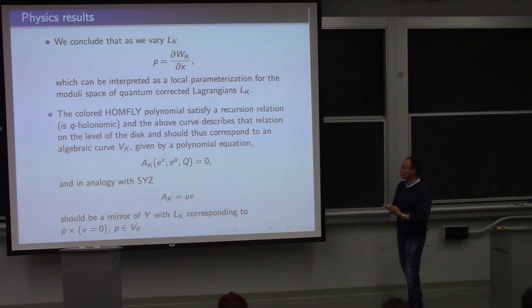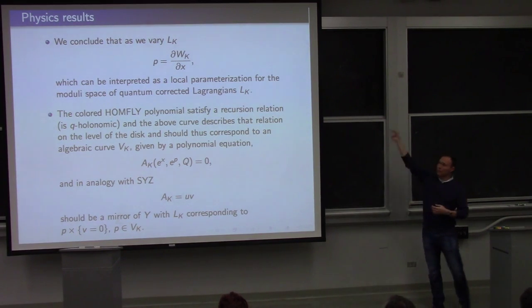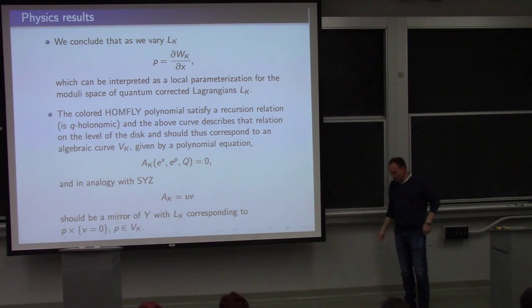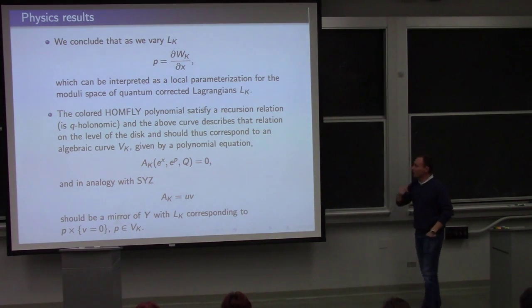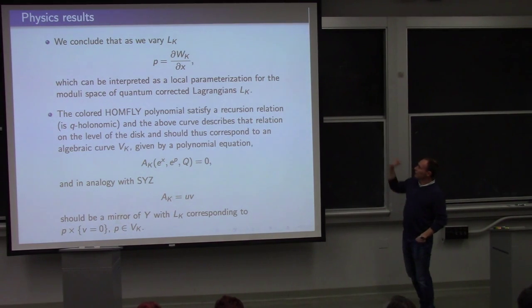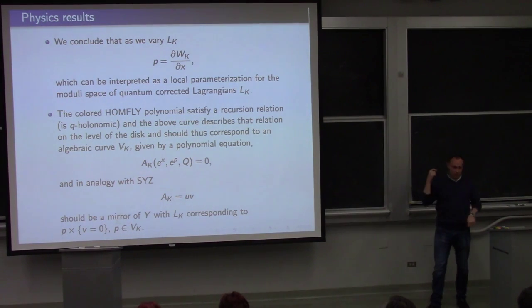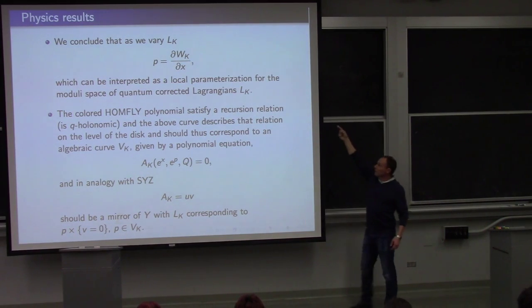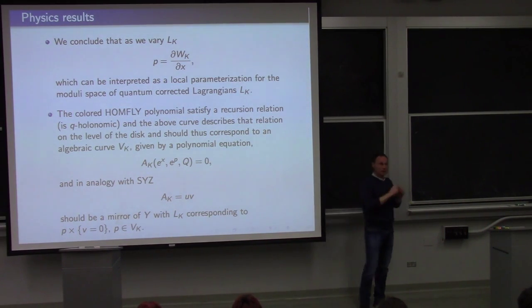Okay? And now, when we look at this short wave asymptotics, the semi-classical limit, the variables become commutative. So we know that this colored Homfly satisfies some operator equation, and what this should be by derivation is basically the commutative version of that operator equation.